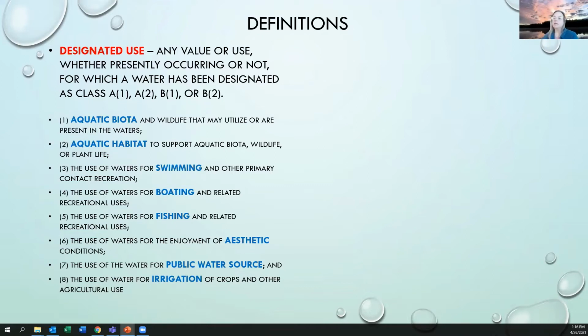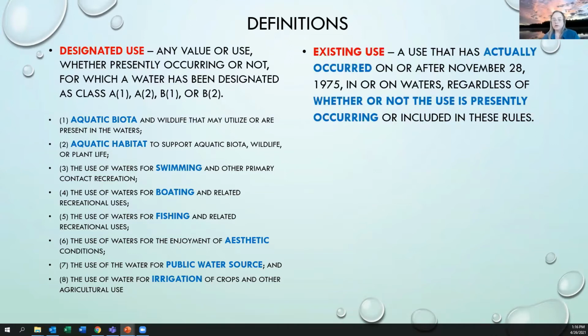And irrigation. So all those 8 different things are what EPA termed designated uses, and that's what these classifications are based on. We also have something called existing uses. Sorry, those were designated uses. These are existing uses. It's any of these uses as long as it's happened after November 28th, 1975.